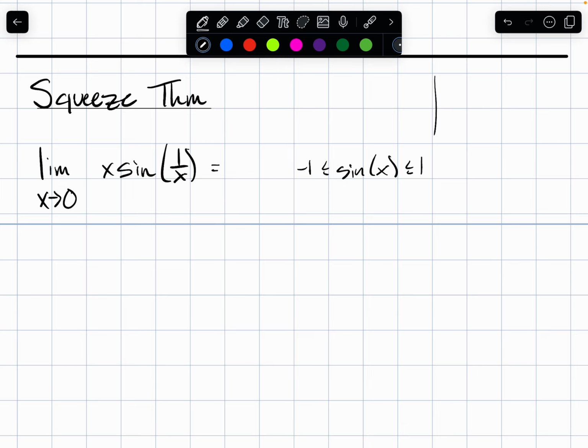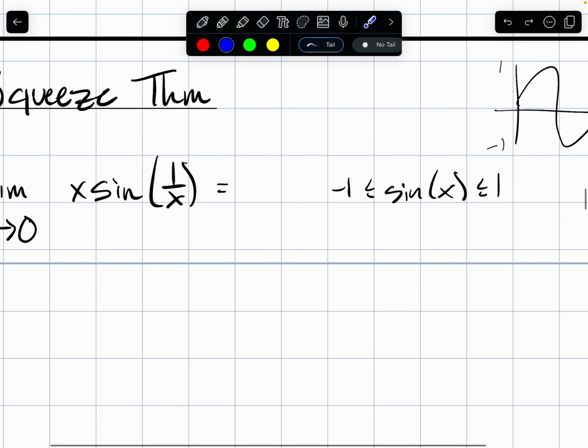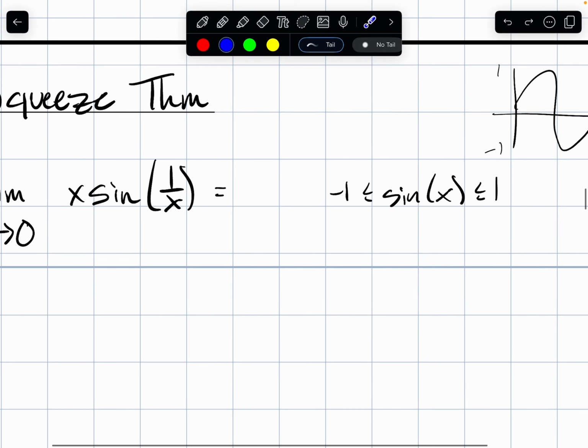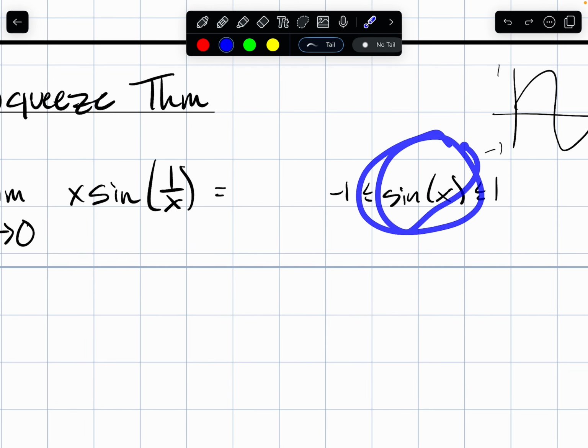If I think of the graph of sine, it looks something like this, where this is negative 1, that's 1. So I know this to be true. Now, what I have here doesn't exactly look like what I have here. But if I can make the inside of this inequality look like that, we can maybe get some new information about what this limit's going to look like.